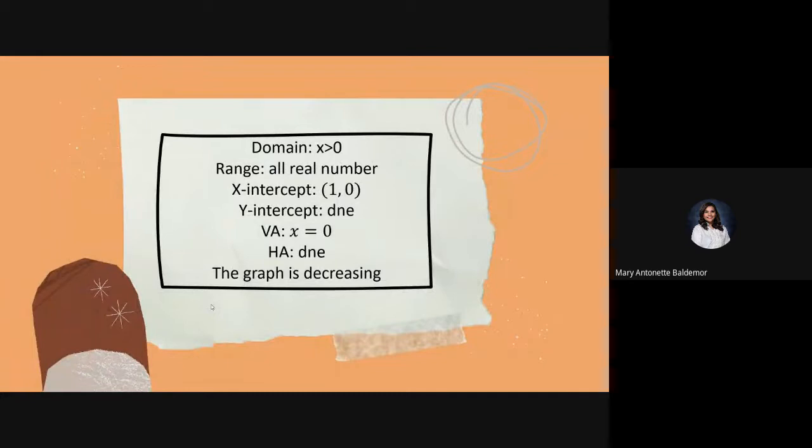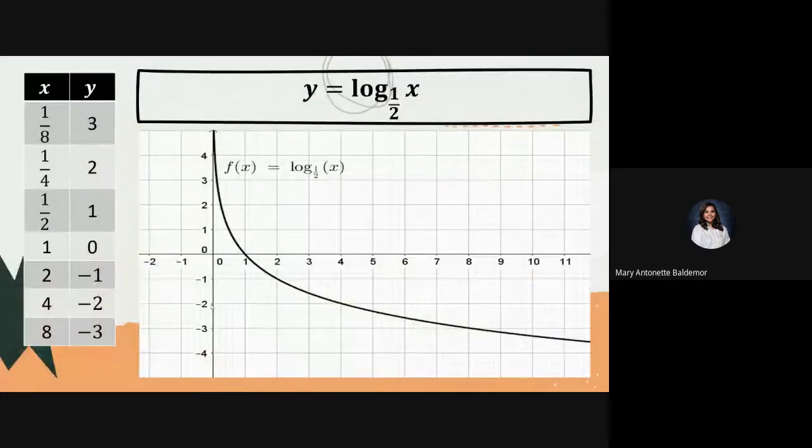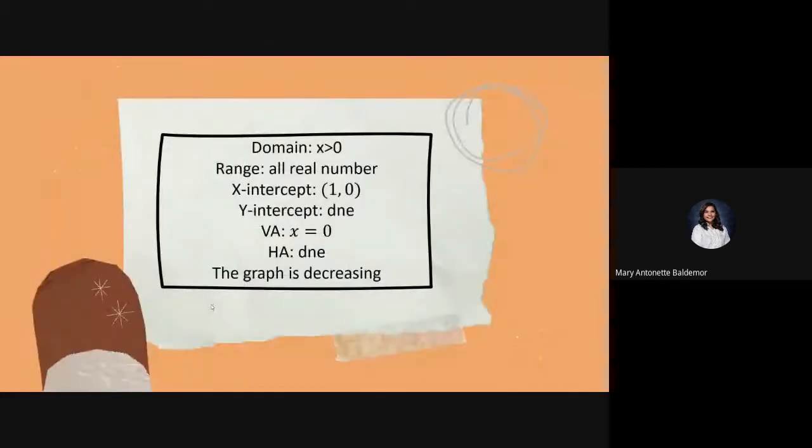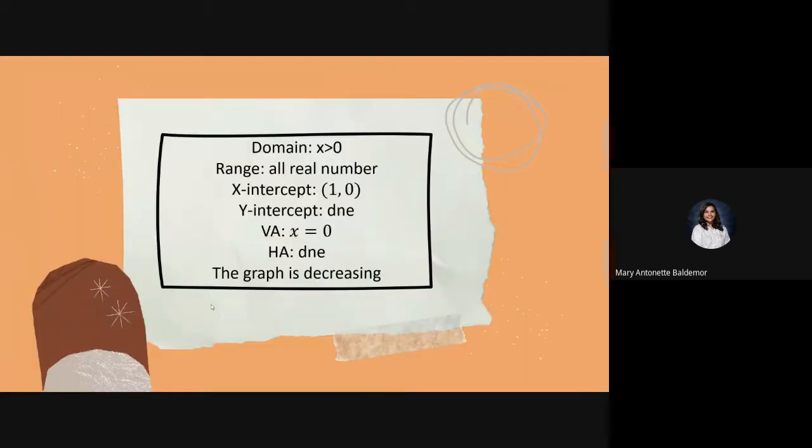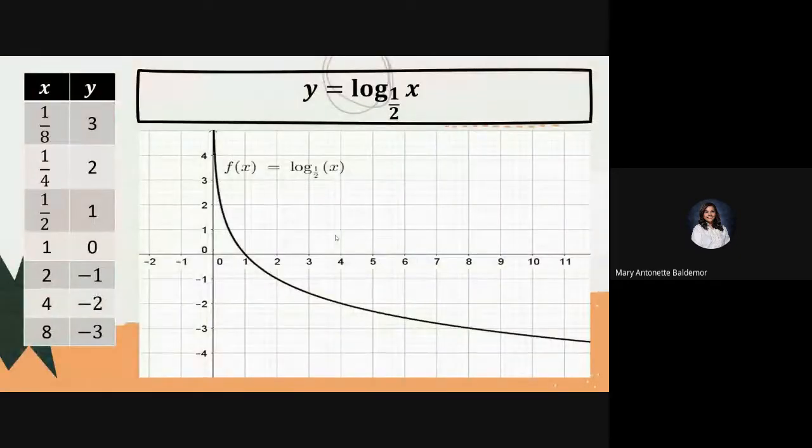The x-intercept is obviously (1, 0) because it intercepts the x-axis at exactly one point, and the y-intercept does not exist. The same as the first one, this graph is asymptotic to x is equal to 0, or the y-axis, which describes the vertical asymptote, x is equal to 0. And obviously, the horizontal asymptote does not exist.